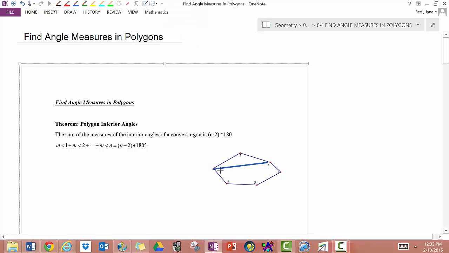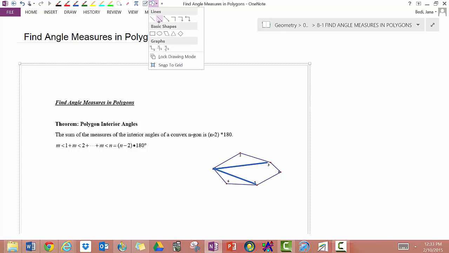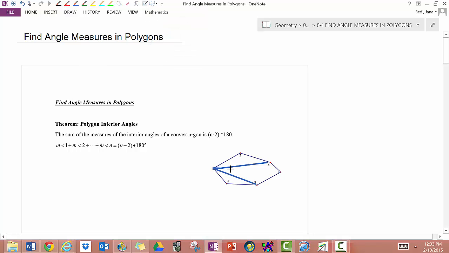And we have another diagonal, so we're going from the same vertex to non-consecutive vertices, and we could also draw in a third diagonal.